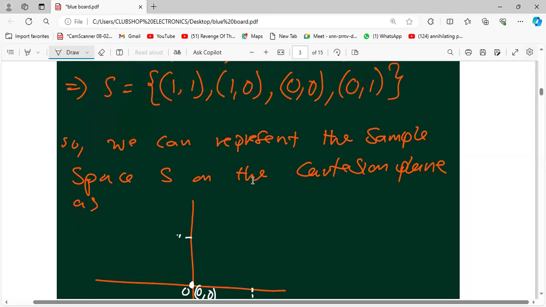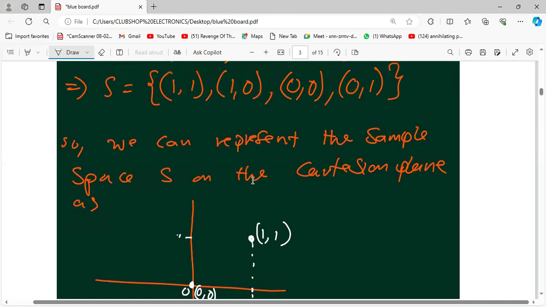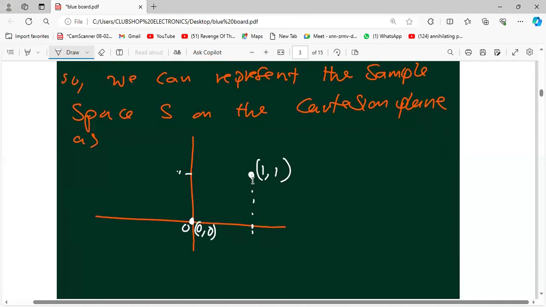Or if you want to start with 1, comma 1, it will match here. So you have the point here, which is 1, comma 1. Then this is followed by 1, comma 0. X is 1 here, so this is 1, comma 0. And the other one is 0, comma 1. Okay, this is what you have.